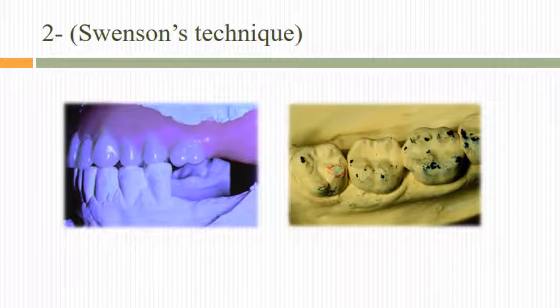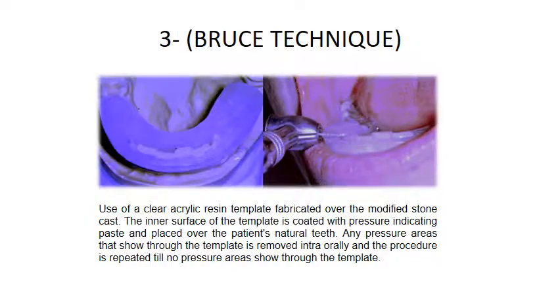The area which needs removal of the high spot is marked by a red line, and then intraorally, inside the patient's mouth, these high spots need removal in order to obtain equal contact between all natural dentition and remove the high spot.